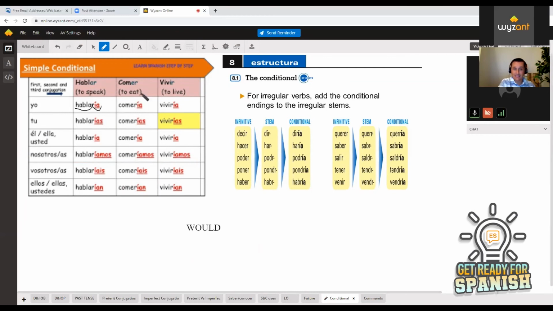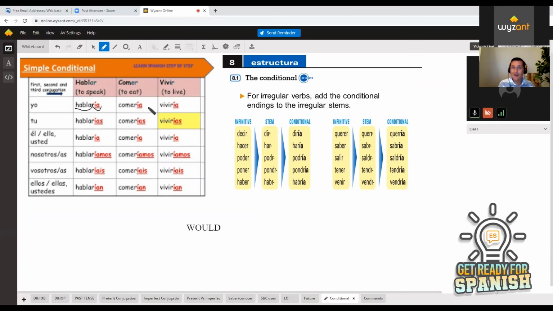And they are going to be the same endings for all kinds of verbs. Now, like we have comer. Yo comería pollo. I would eat chicken, but I have pasta. Pero tengo pasta. I would eat chicken, but I ate it yesterday, so I don't want to eat chicken anymore. So, comería pollo, pero lo comí ayer.